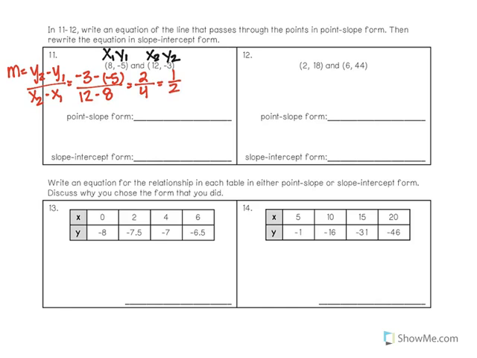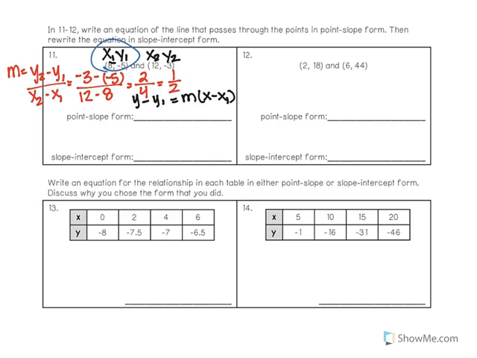So we know our slope is 1/2, and then we have y minus y1 is equal to m, our slope, parentheses, x minus x1. We're going to plug everything in. I'm going to choose to use this one right here, just because, but it really doesn't matter.